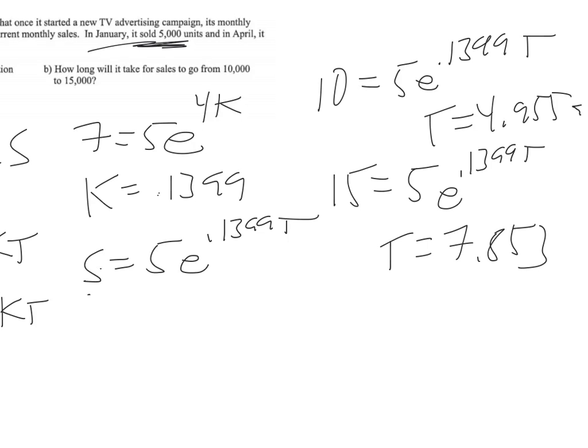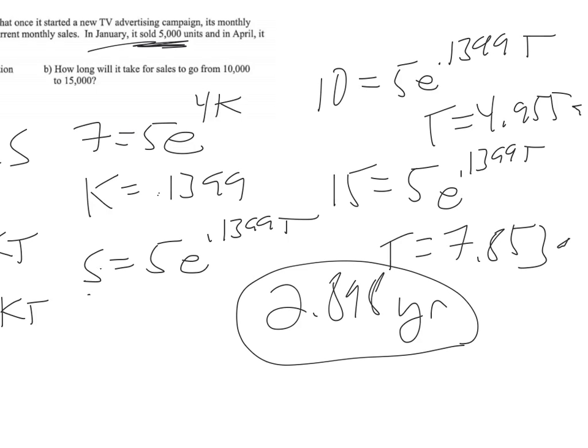And then how long? Well, here's how long it took to get to 10,000. Here's how long it took to get to 15,000. Subtract them: 2.898 years. And that kind of makes sense. The doubling time is about 5 years, and then I wanted to go half as much again, so it's not doubling, because doubling would be 20, so that's a little longer than half.